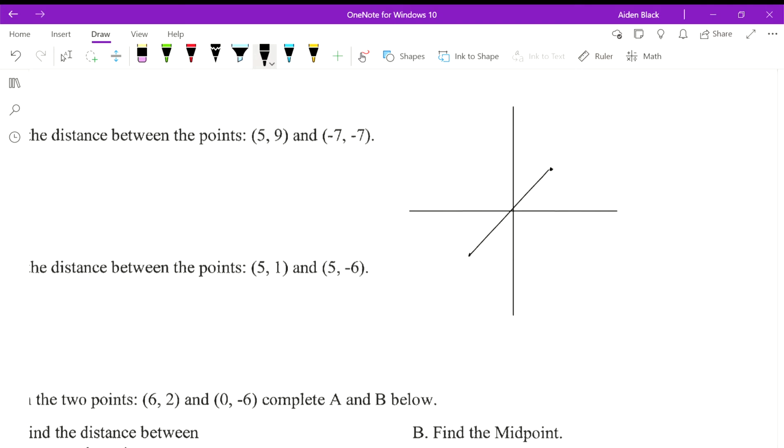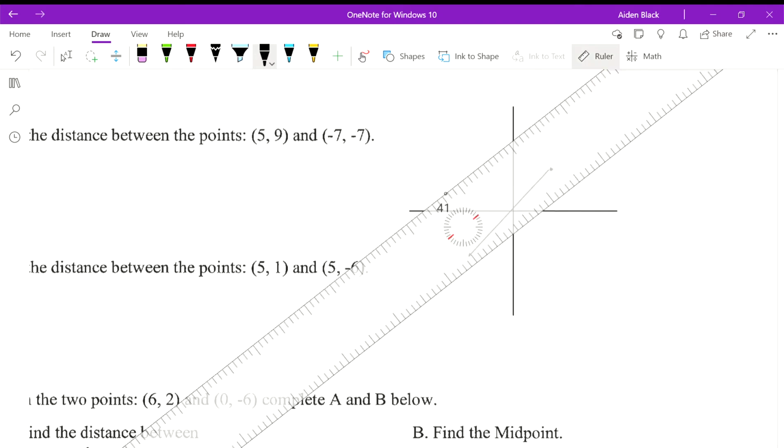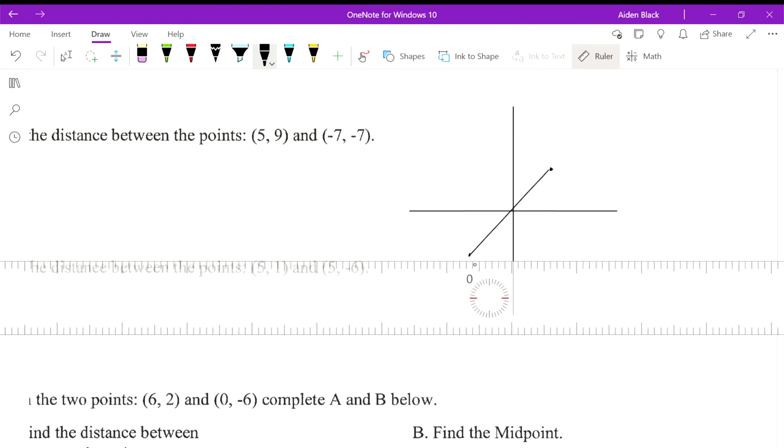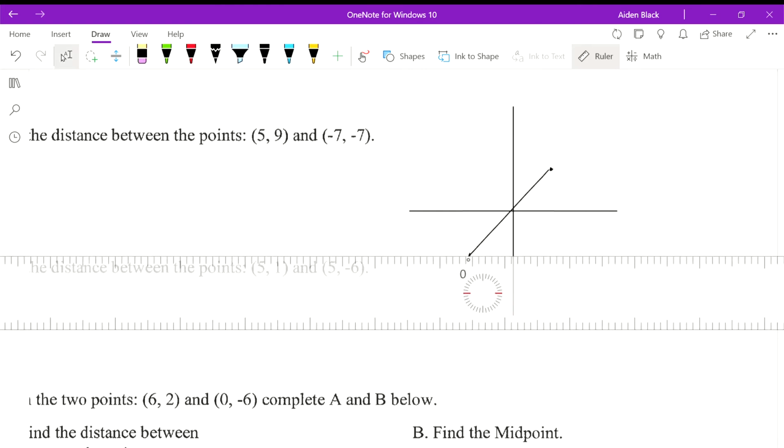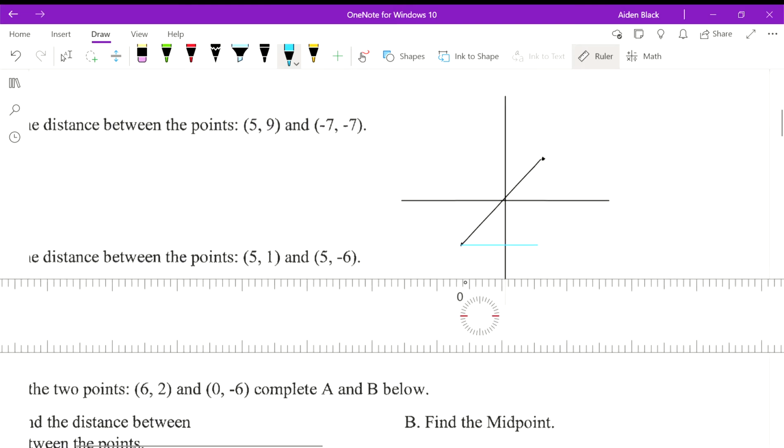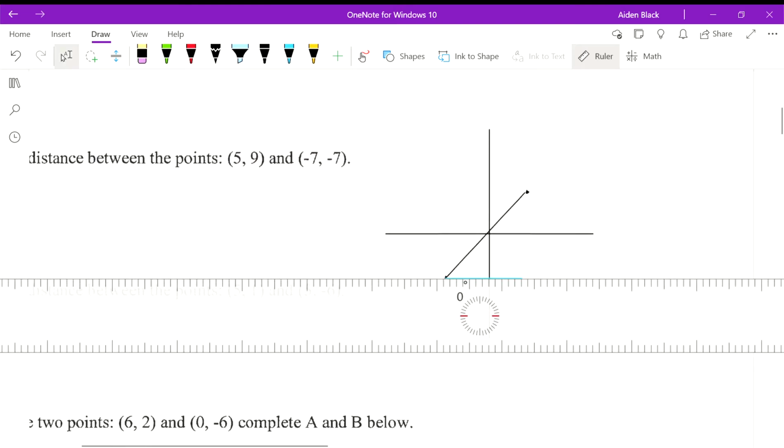what you end up getting is you got to look at your change in your x. That's your x2 minus x1. So let's use blue for one leg. And, oh, that isn't far enough.